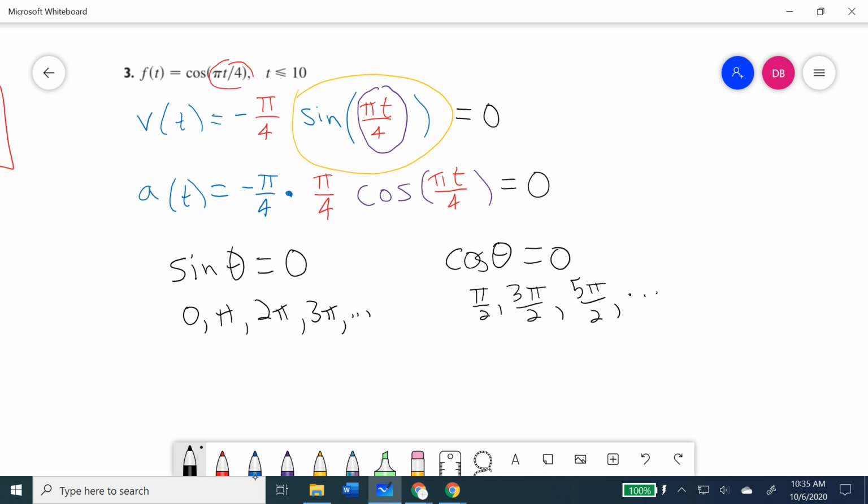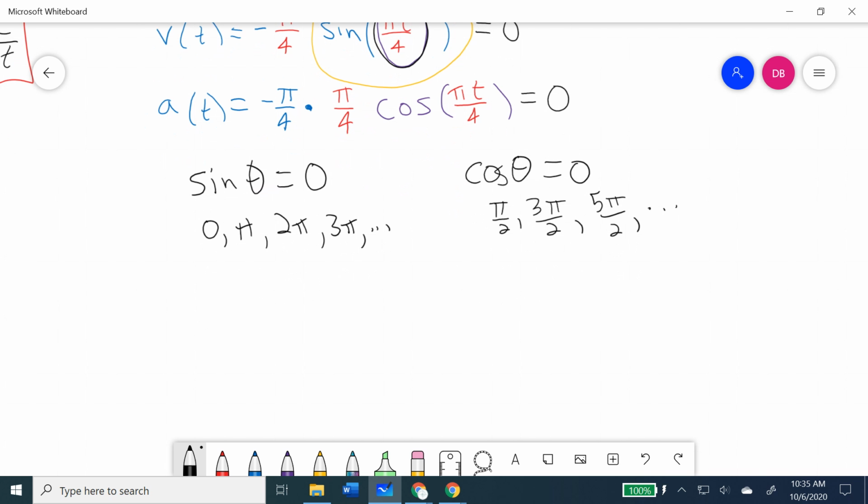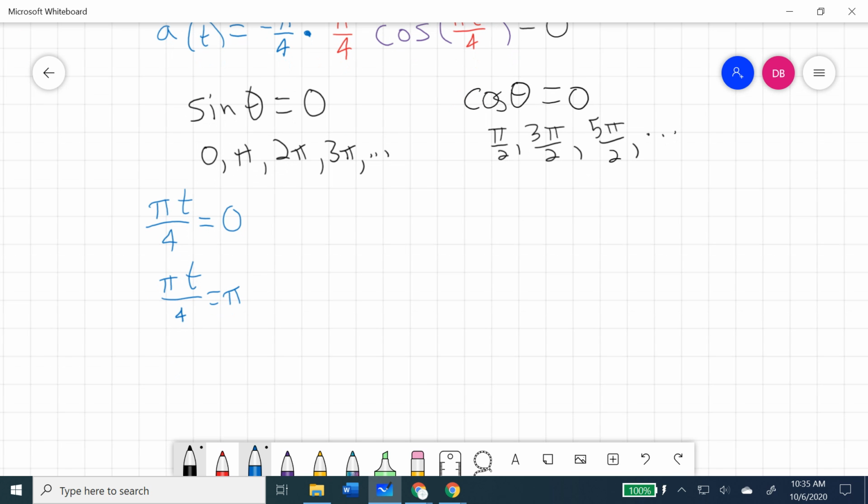Now the angle, however, is pi t over 4. So you want to set these equal: if theta is pi t over 4, what is t when this is 0? What is t when this is pi? And so on.